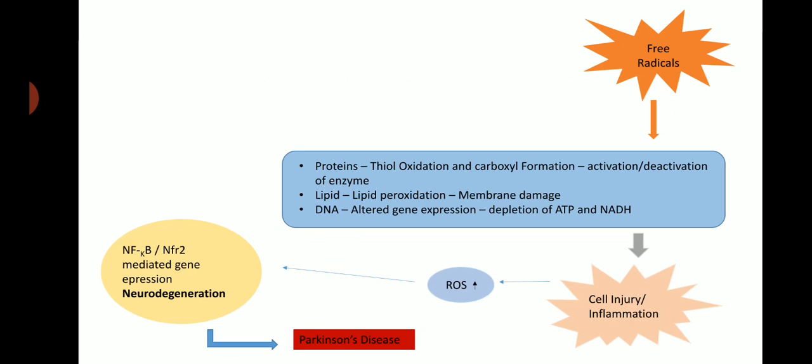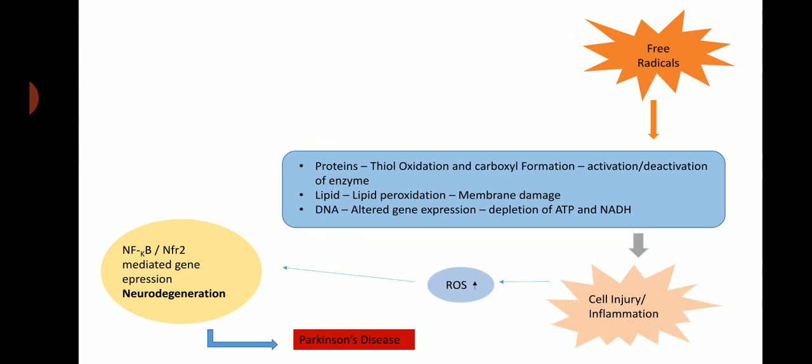Next, lipids. Here, lipid peroxidation and membrane damage occur. And on the DNA, alteration of gene expression and depletion of ATP and NADPH. After that, cell injury or inflammation occurs, and then ROS, reactive oxygen species, will increase.